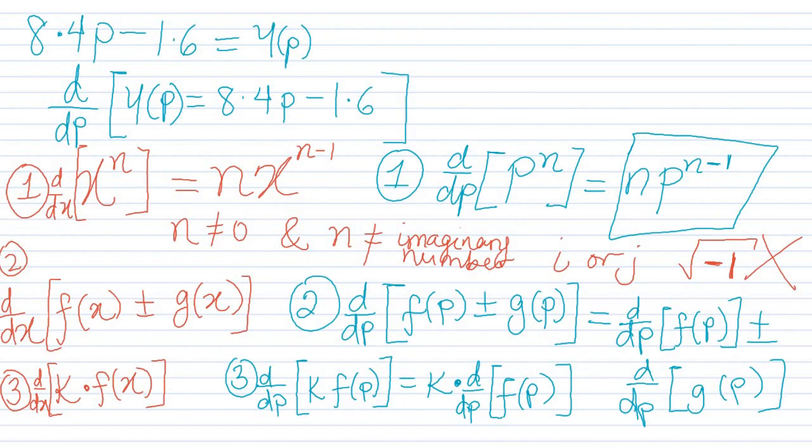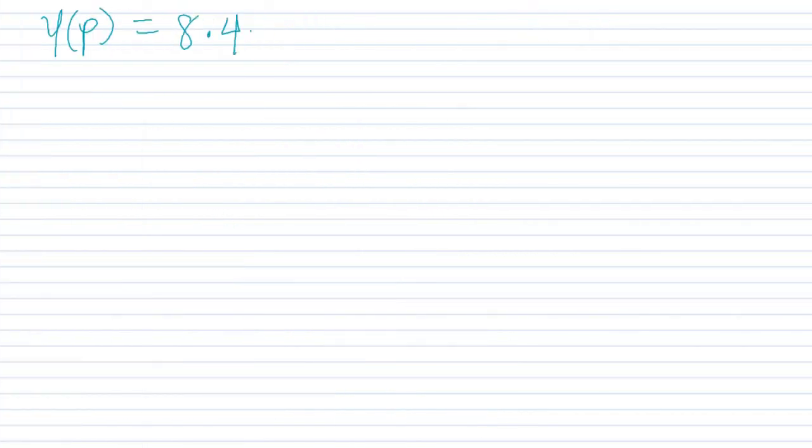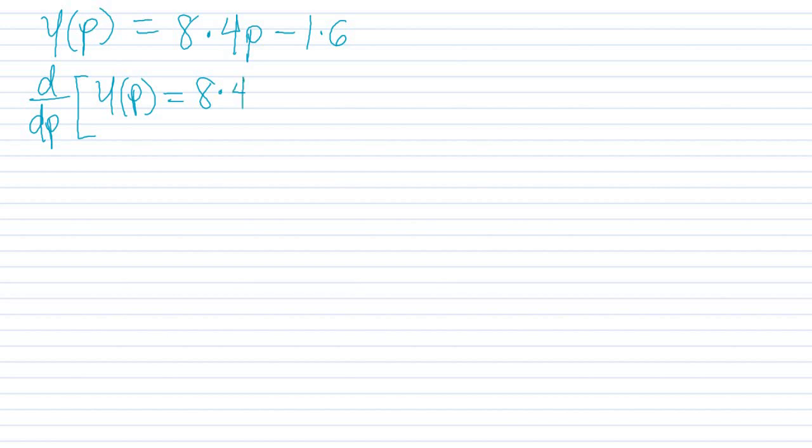So now we are given this gorgeous question, which is y(p) equals 8.4p minus 1.6. So the first thing you have to do is arrange it to be differentiated. So y(p) equals 8.4p minus 1.6. So that's what this is.